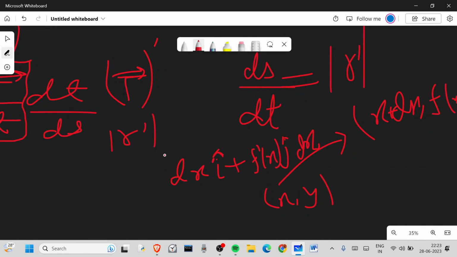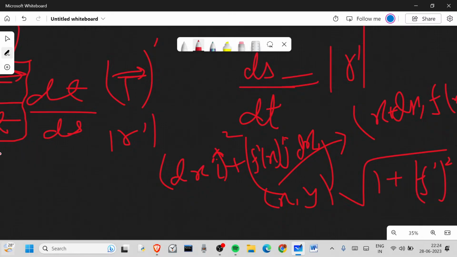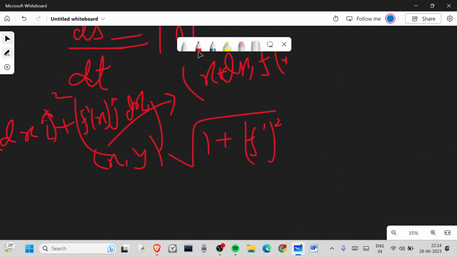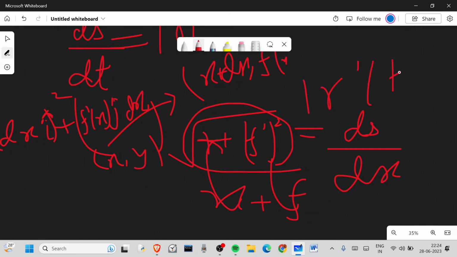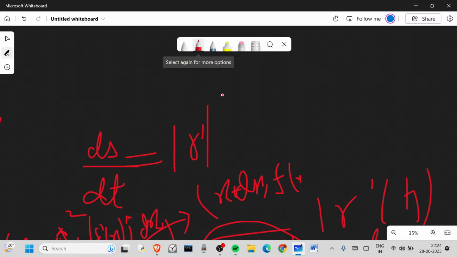Now if I take its magnitude, then we get root of 1 plus f dash whole square. If you realize, this is basically the small displacement divided by dx, which is r dash, and this is what the formula stands for.